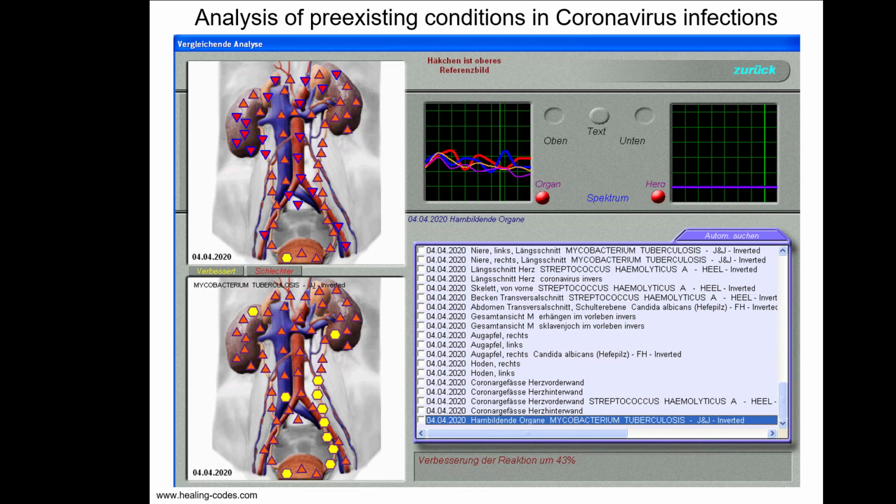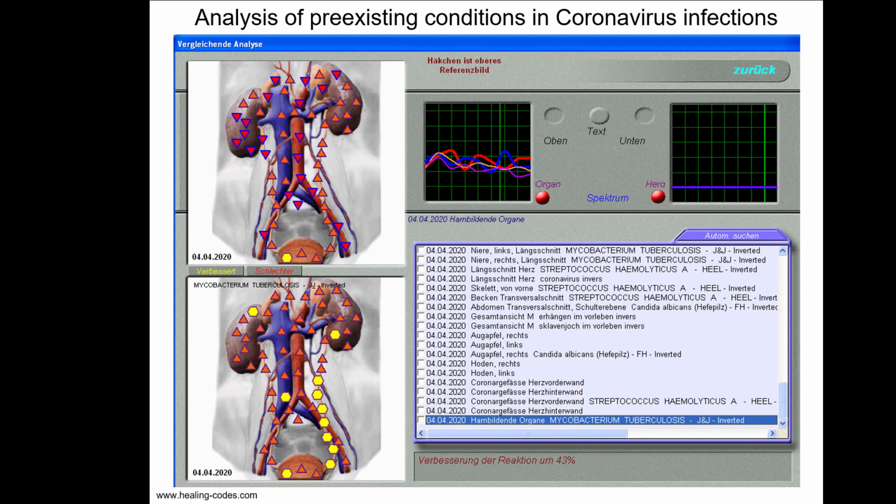After bronchial tuberculosis, it is renal tuberculosis, which is the second most frequently detected. Looking at the figure, an informational burden of 43% is shown in the form of downward pointing red triangles on the kidneys, but also on the adrenal glands.